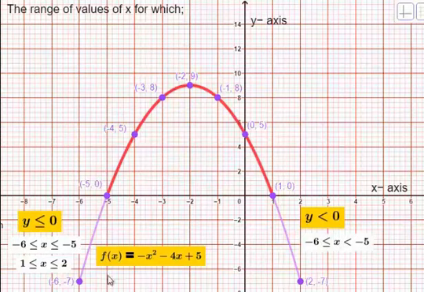So we have -6 being included but -5 being excluded, and which is read as x is greater than or equal to -6 but less than -5. These two, write it in the interval notation form on your own.